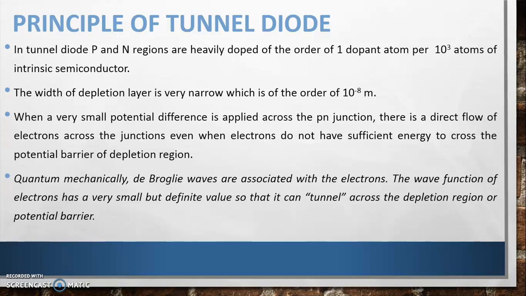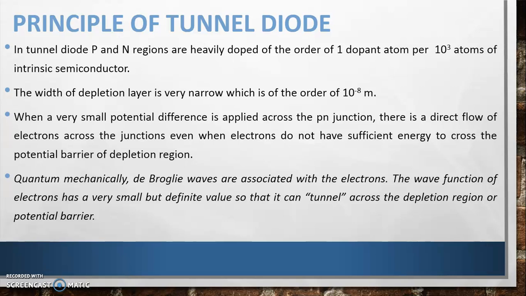Quantum mechanically, de Broglie waves are associated with the electron. So we are not considering only the particle nature of the electron, we are considering the wave nature also. De Broglie waves give a combined equation of wave nature and particle nature.